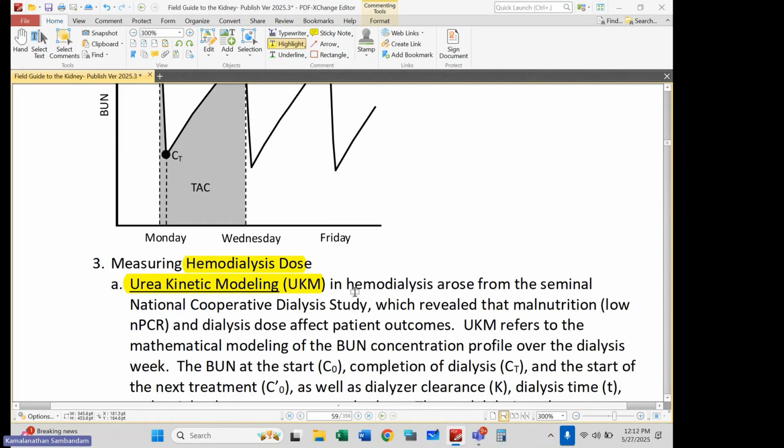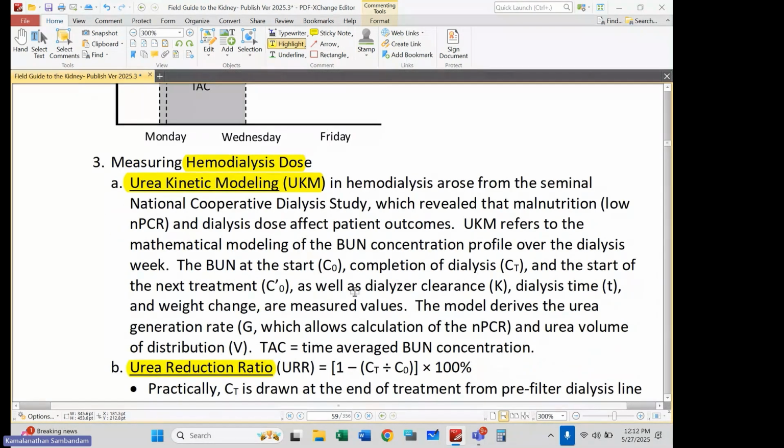That's what urea kinetic modeling is. There are tools online that your problem set directs you to in order to see how this is actually done.